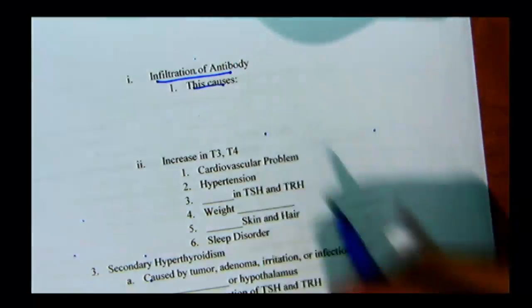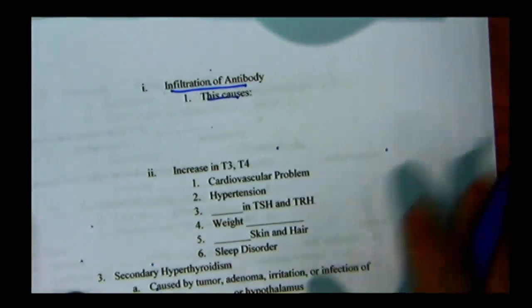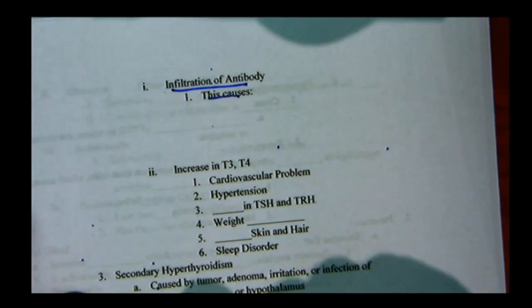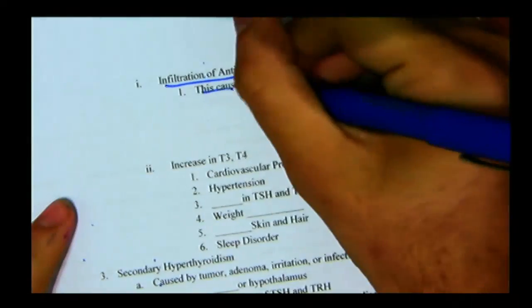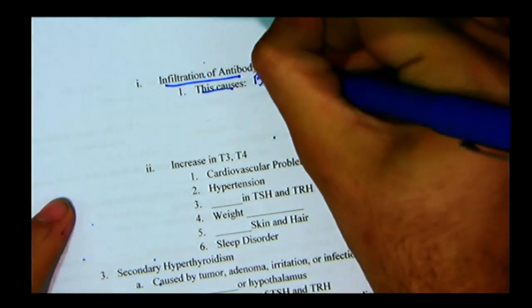So it could cause blindness, but what it specifically does, it goes retroorbitally, and it causes exophthalmia. So what literally happens is the antibodies go behind your eye and start pushing.